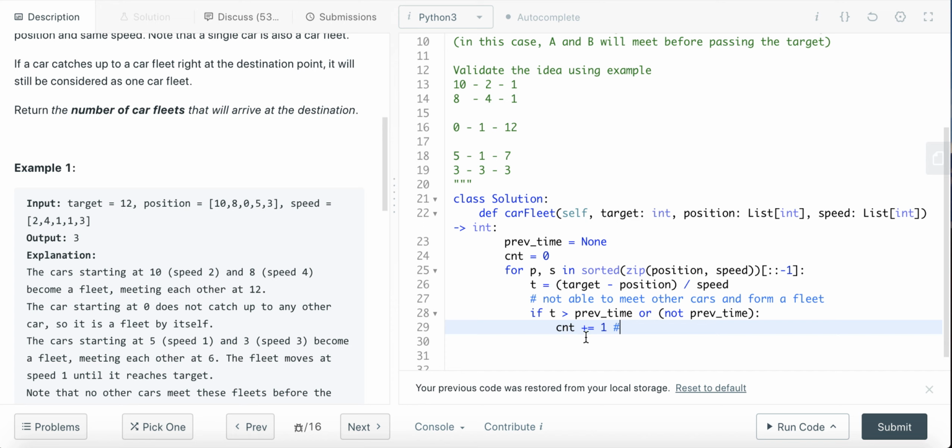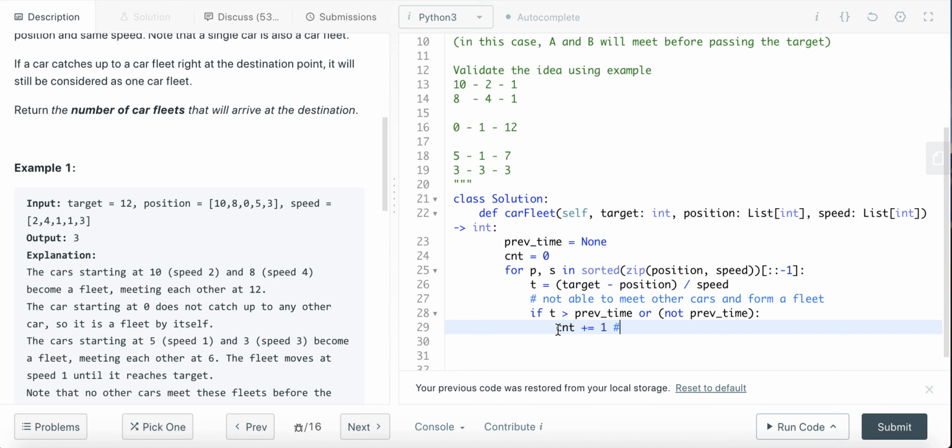Right now, because this car cannot catch up with the previous car to form the same fleet. By previous car, I mean the cars ahead of it, or the cars that are closer to the destination compared with this car. So this car right now is a fleet of its own. This car may form a fleet with the cars behind it, but right now it is a fleet of its own.